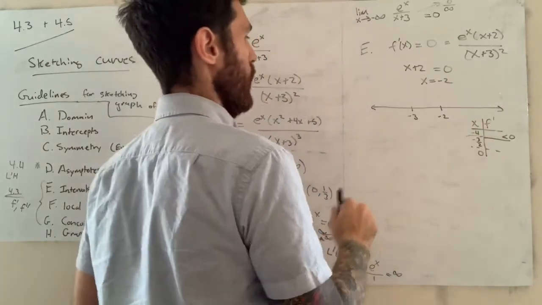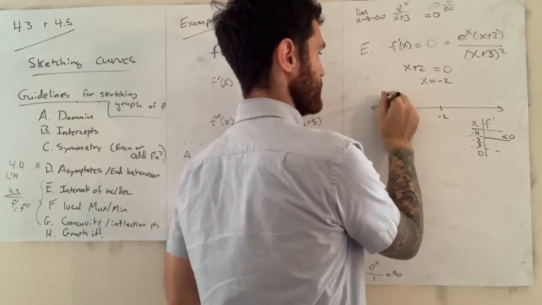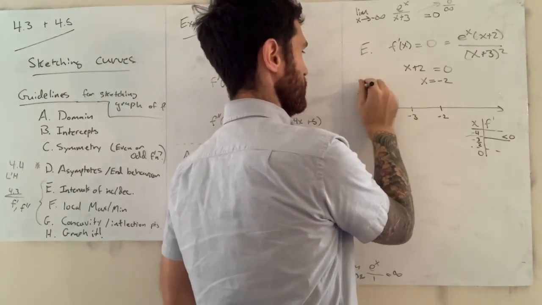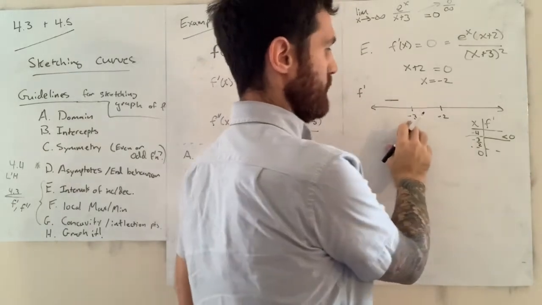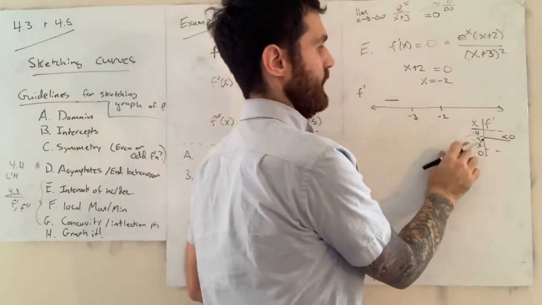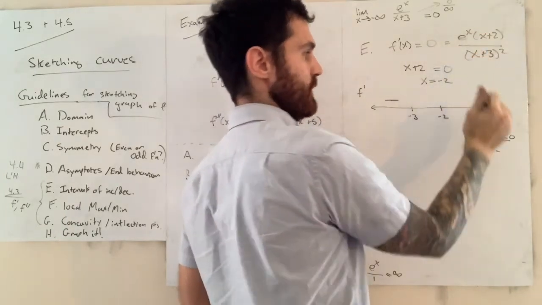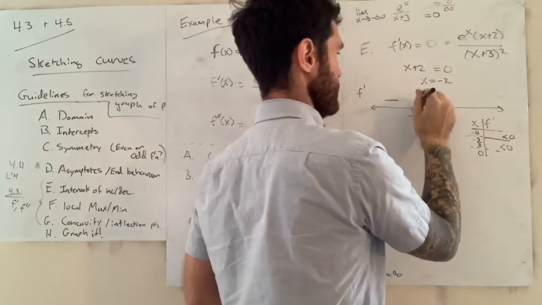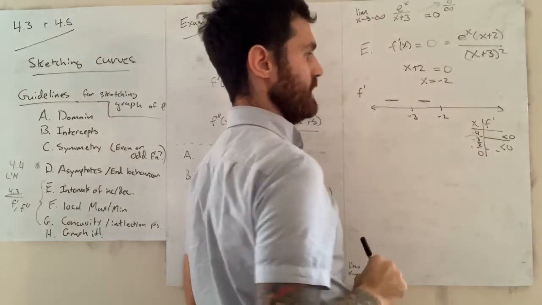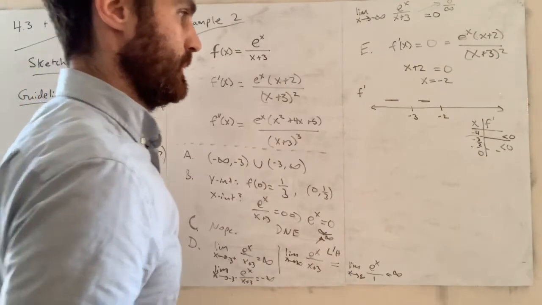Okay, so what that means is that on this interval, it's going to be decreasing. Okay, what about negative 3 to negative 2? Well, plug in this, you're going to have a positive value, negative value. This is always positive. This is also less than 0. So this is going to be decreasing on that interval too.